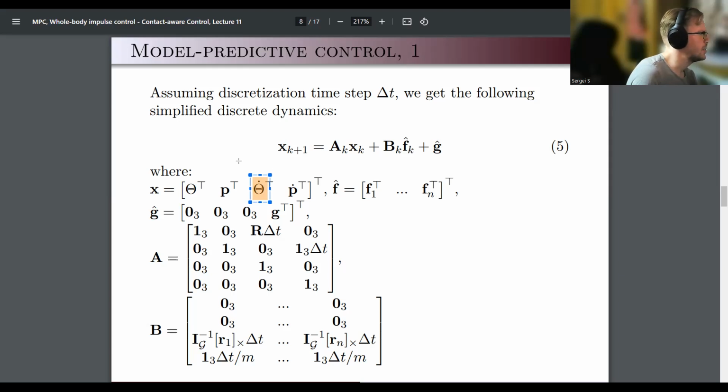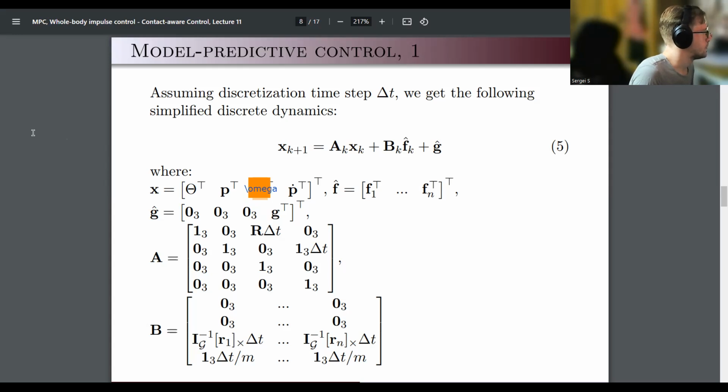I think yeah, this is a typo here. It should be omega. I think it should be omega. We'll double check in the lecture, but I think it should be omega. My apologies if this is a typo.